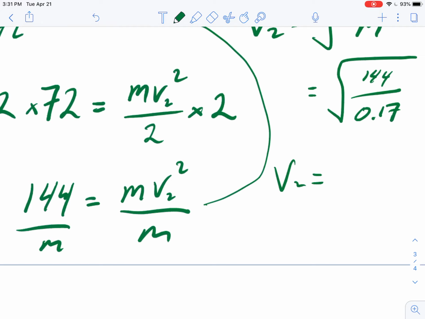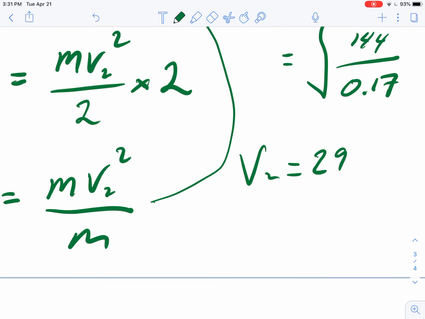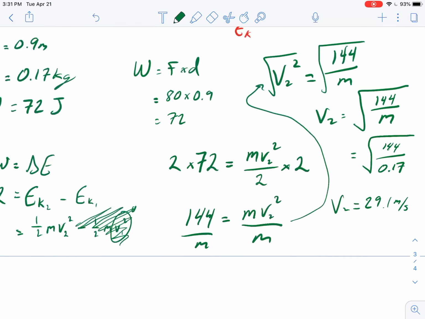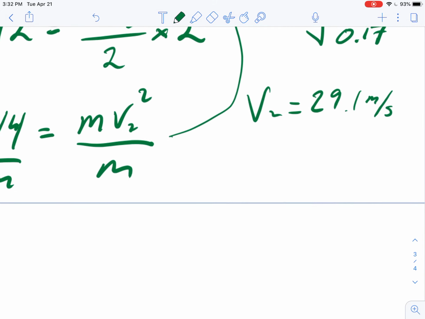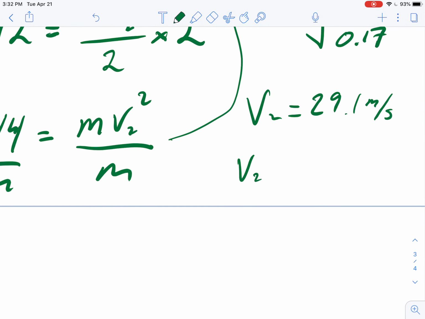And I get 29.1 meters per second. If I look at my significant digits, I need 2. So our final velocity is equal to 29 meters per second.